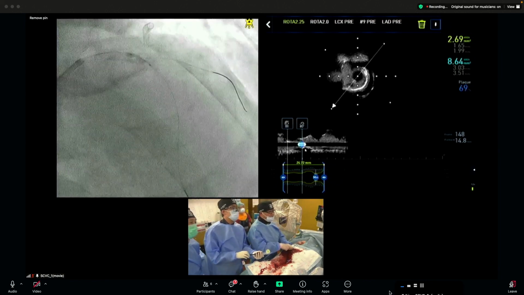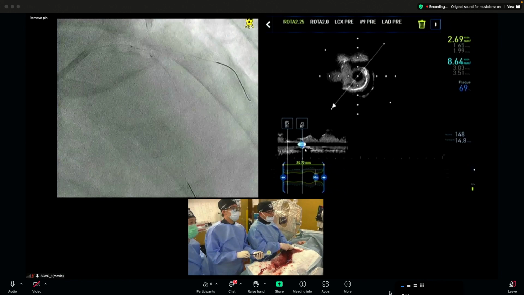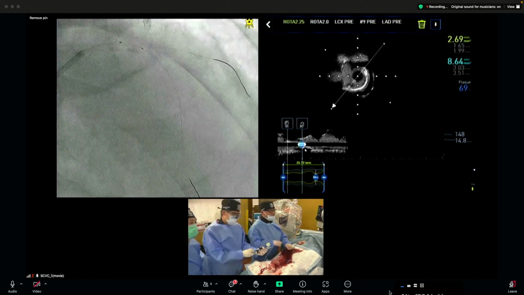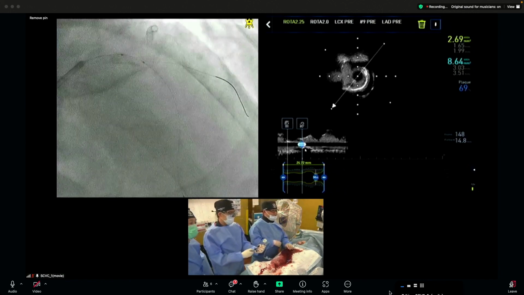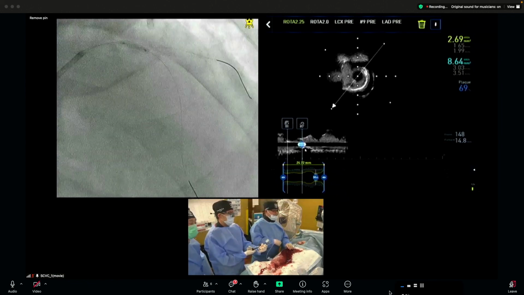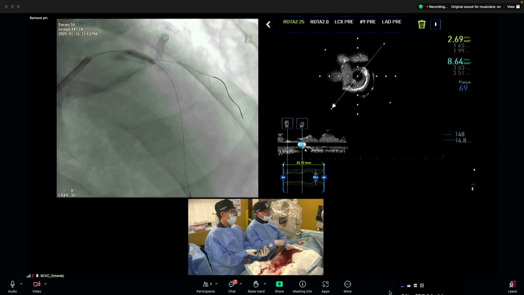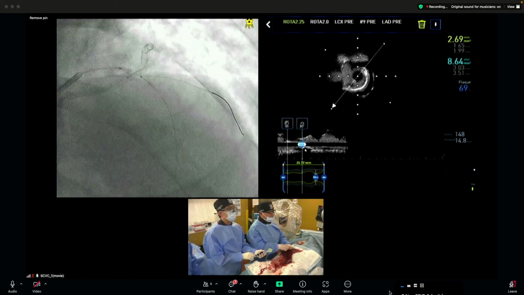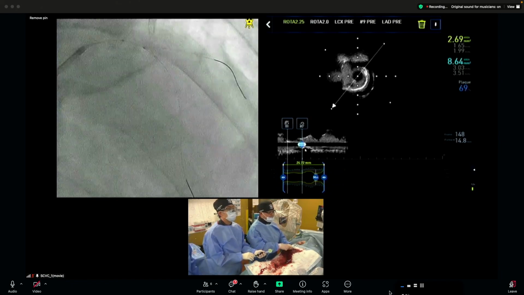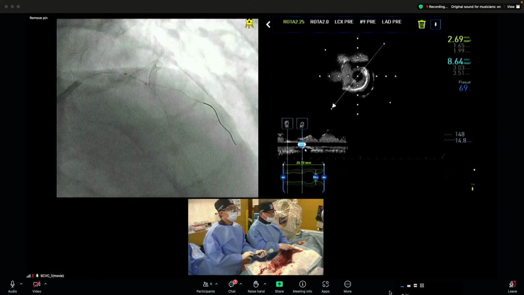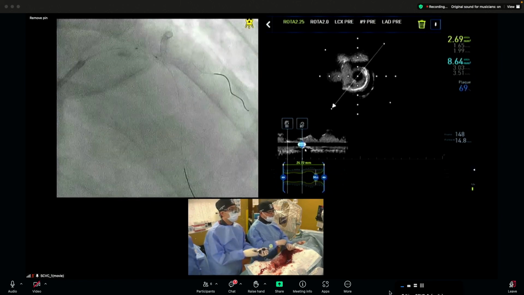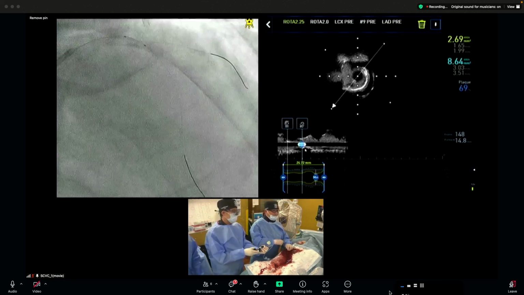That way, you're not touching the bifurcation point, and you're not jeopardizing the side branch. So that is another option, but you need to realize what the plaque distribution is and where the most calcified plaque that you want to modify is located. If it's below the branching point, then the extension catheter can be used to deliver the rotational atherectomy through it.